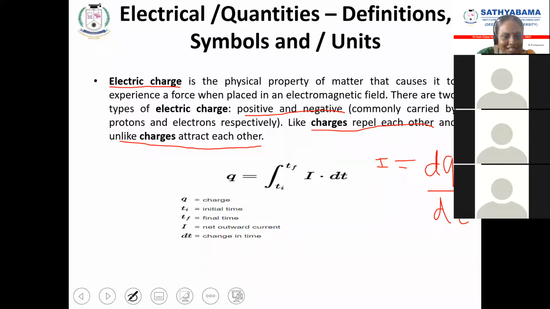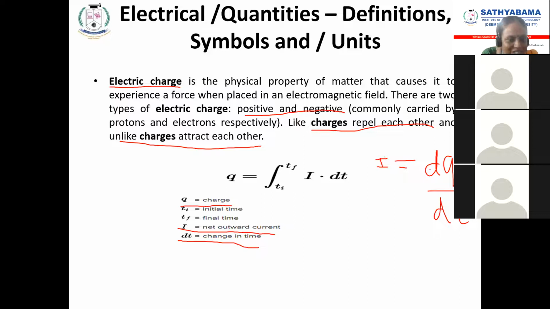Actually, you have to understand one thing: q is your charge, and I is your current. dt means, you all know, t always stands for time. So I is current, q is charge, and t is your time period.